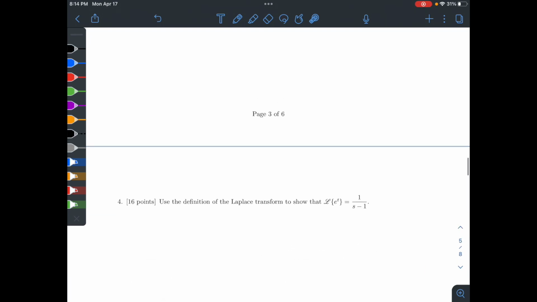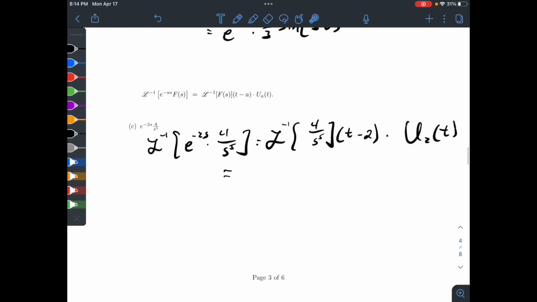So we're missing that factorial. 4 factorial is 4 times 3 times 2 times 1, so we're missing the factor of 6. Wait, 4 factorial is 24, so we need to multiply and divide by 6. So this is 1/6 of L inverse of 4 factorial over s to the 5th.